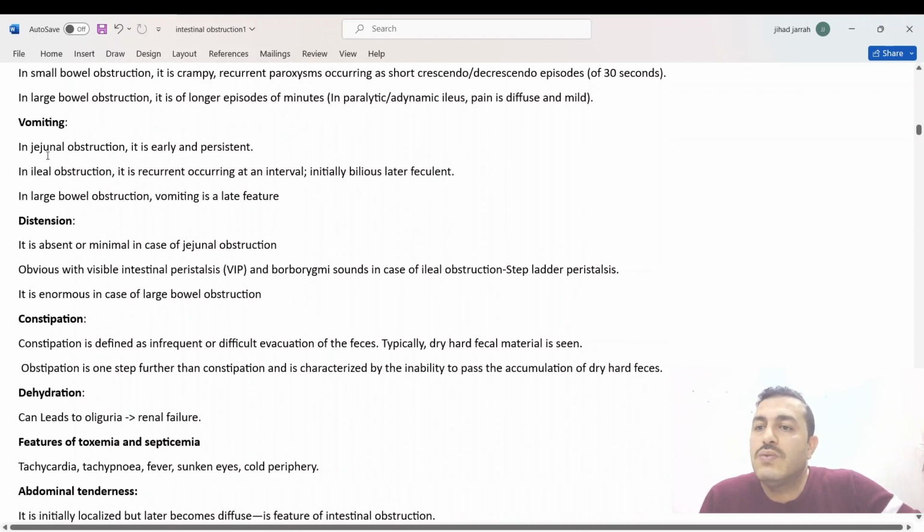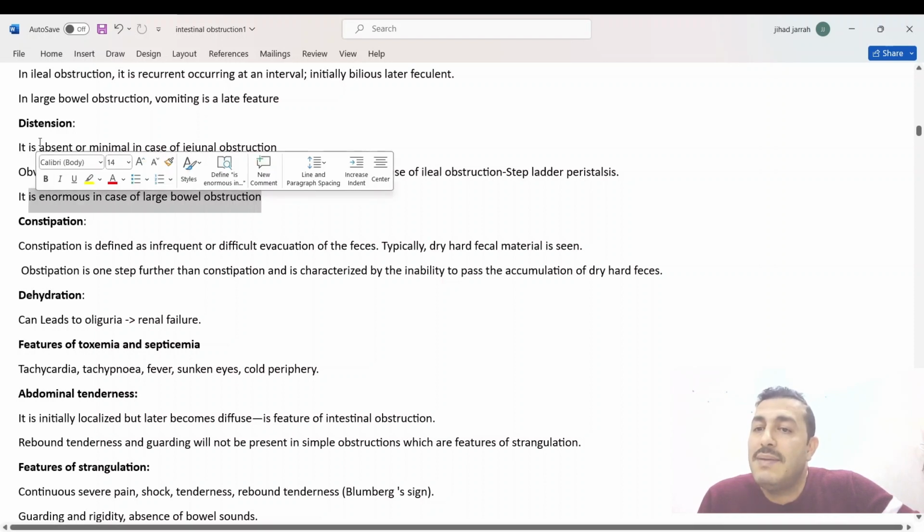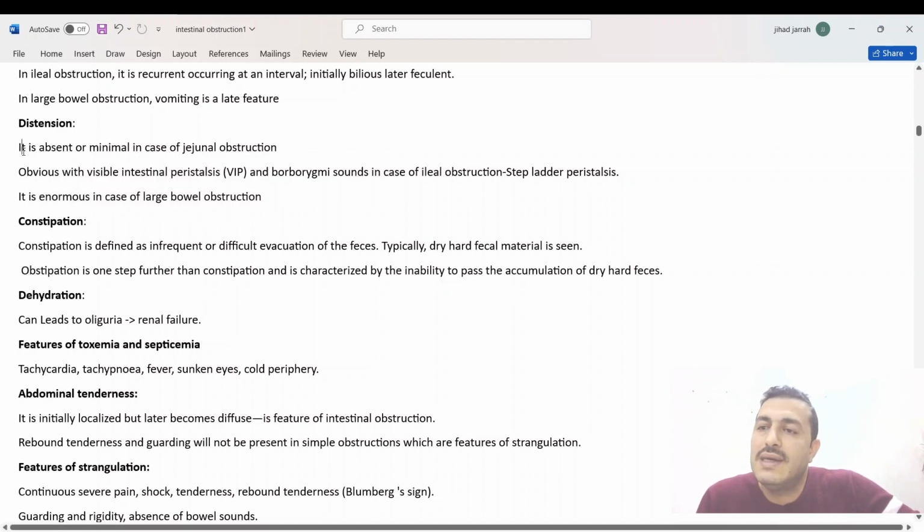And vomiting, we said, in jejunal obstruction is early and persistent. In ileal obstruction, it's recurrent with intervals, while in large bowel obstruction vomiting is a late feature. Distension also is more prominent in large bowel obstruction, while it's absent; some say it's scaphoid in jejunal obstruction.